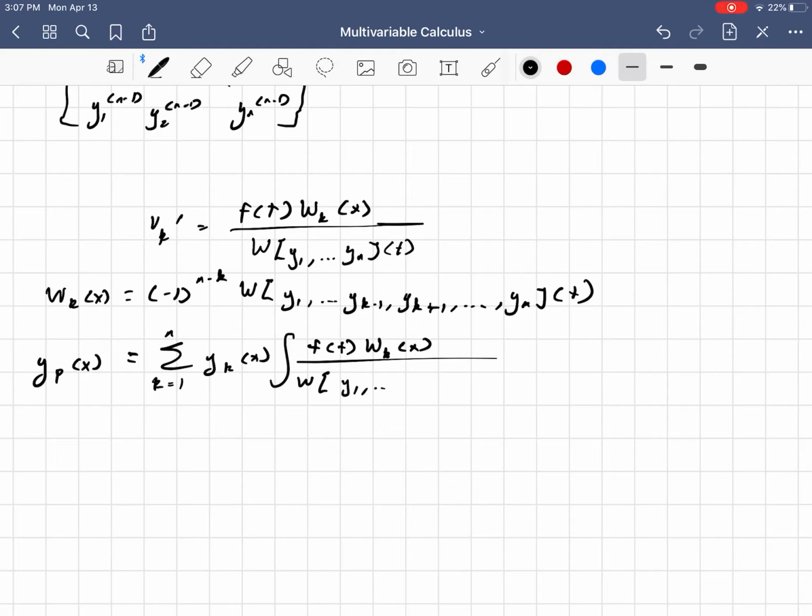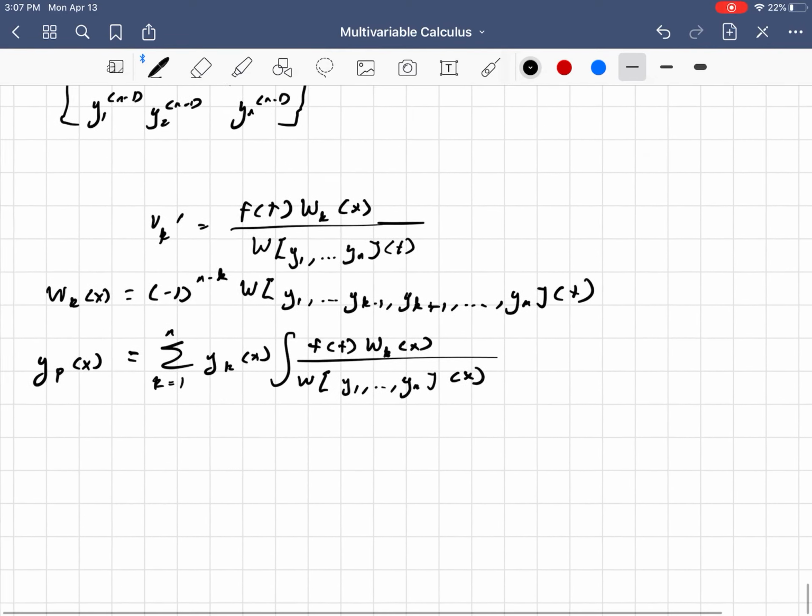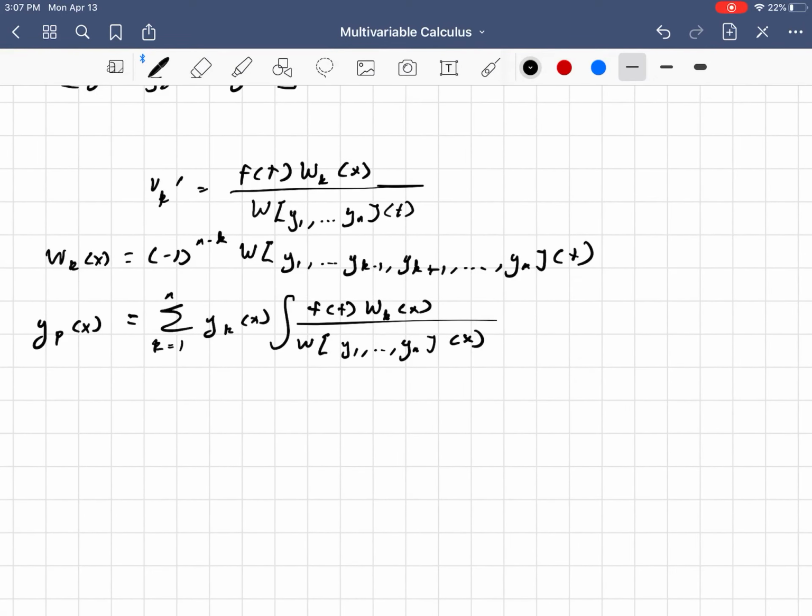So it's the integral of f of t times w sub k of x over the Wronskian of y sub 1 to y sub n of x. And this is y sub p.